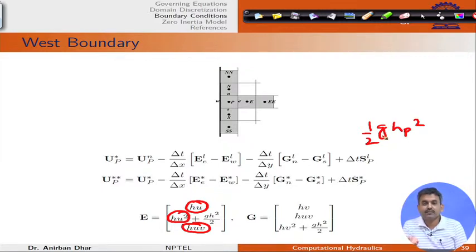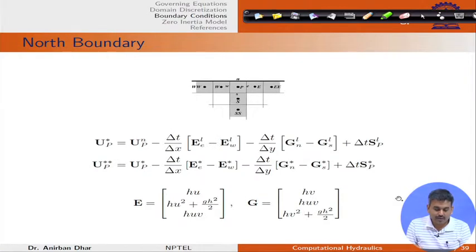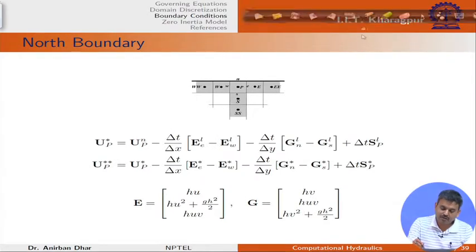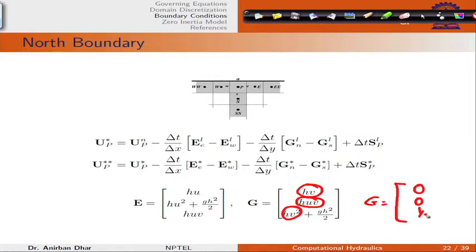We need proper characteristic curve or method of characteristics to specify the boundary condition for explicit case. Not boundary, obviously in not boundary case V is 0. So, this quantities are 0. G will be 0 0 half G h square for no flow case.